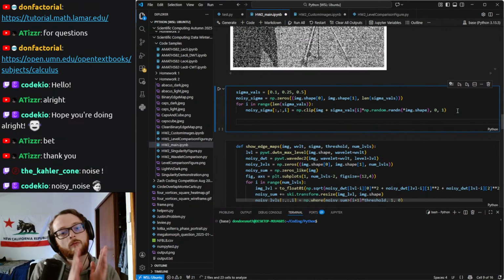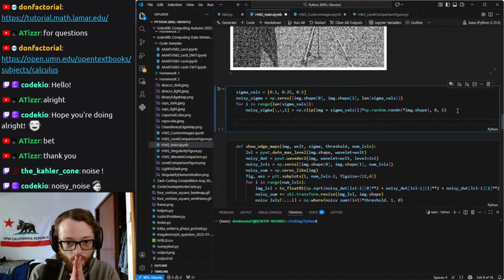Okay, so we've added noise at 3 different levels to our image. Now, for each of them, we need to do a discrete wavelet transform. There's a question of whether I want to keep my parameters consistent for all 3 of them, or change them.